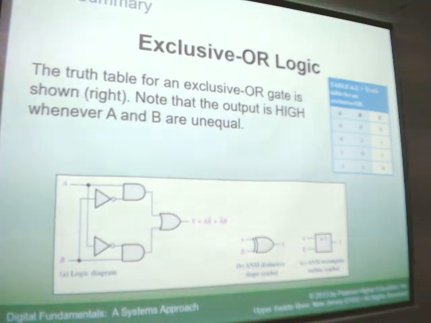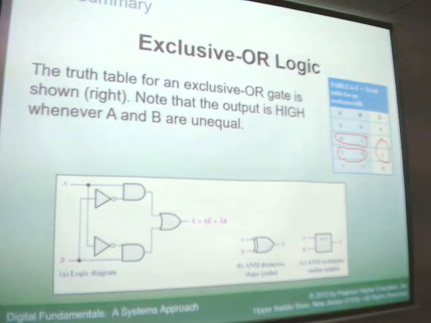Exclusive OR logic. Exclusive OR means the output is high whenever A and B are unequal. If A equals 1, then B equals 0. If A equals 0, then B equals 1. So the output is 1.